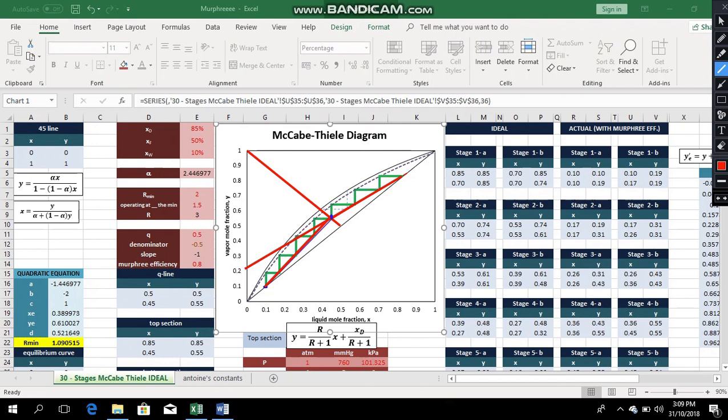This is 0.1 in the bottom, the distillate is 0.85. I will just clarify that, because as I said a while ago that the point here in the lower part was distillate, so I have to correct that. This is the point for the bottom.